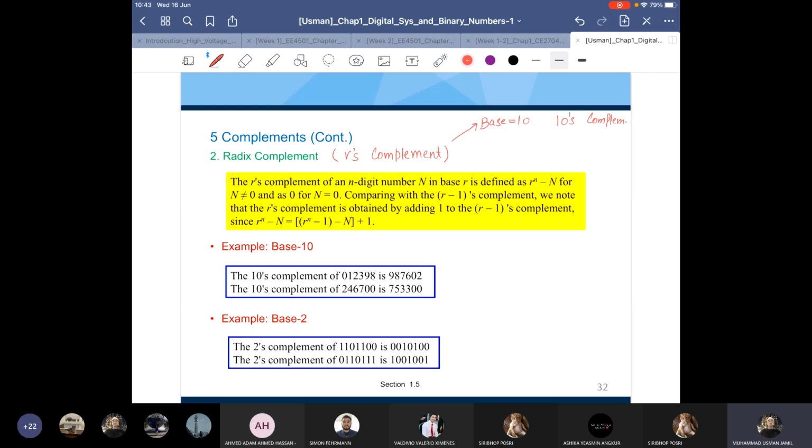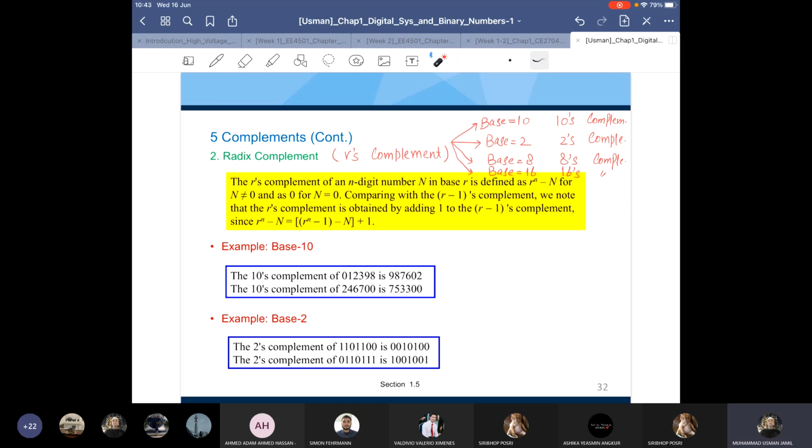If we have base 2, we are trying to find the twos complement. If we have base 8, we are trying to find the 8's complement. If we have base 16, we are trying to find the 16's complement.